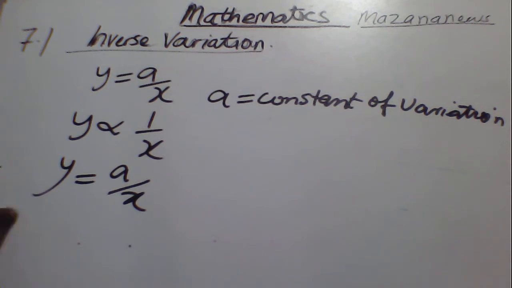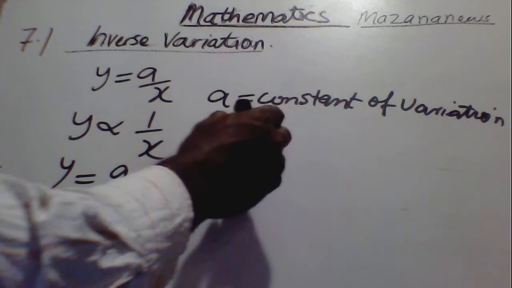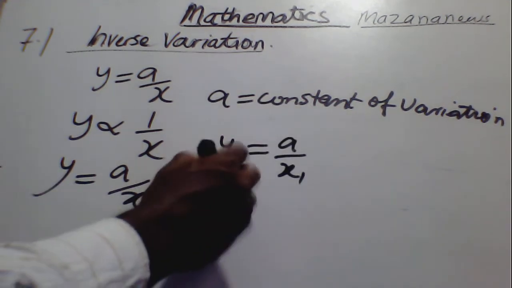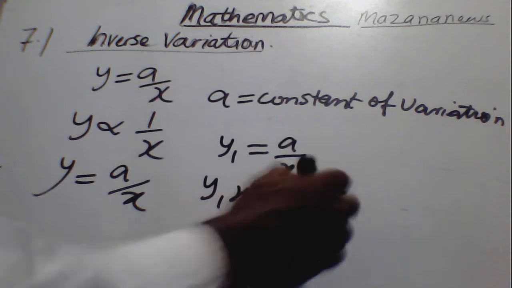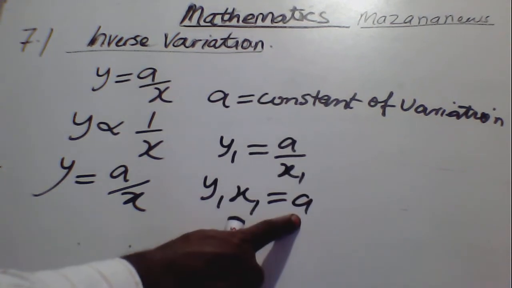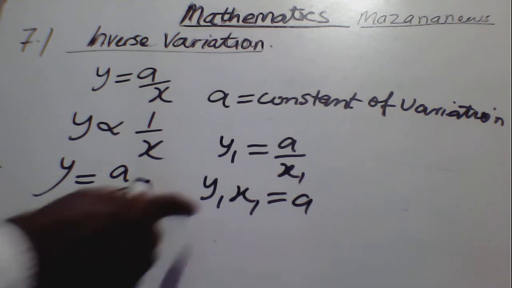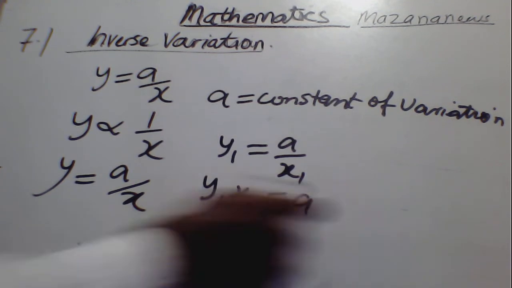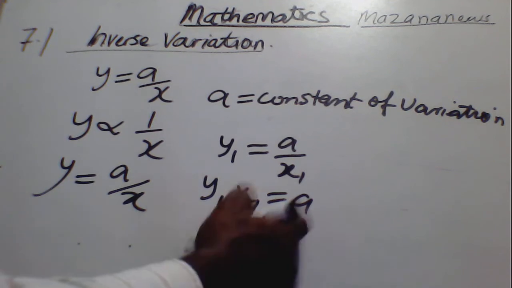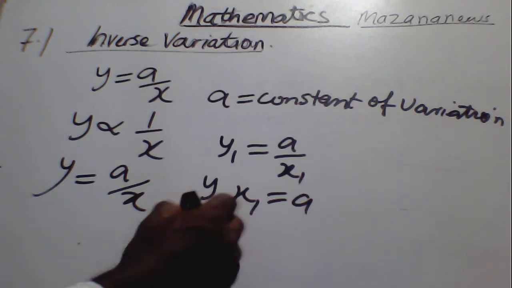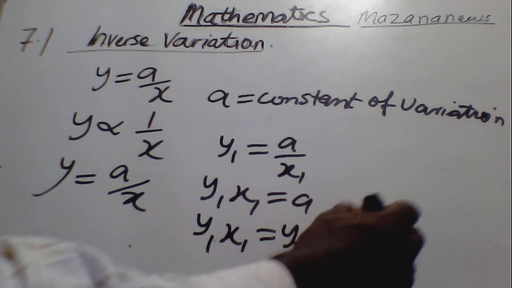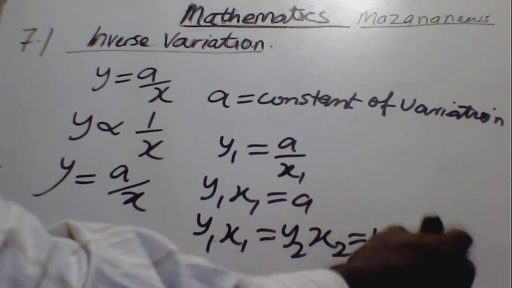So let's say we have y1 equals a over x1. In this case, y1 x1 equals a. If we know the constant of variation and the value of y1, we can predict the next value, y2. This means y1 x1 equals y2 x2 equals y3 x3, and so on.